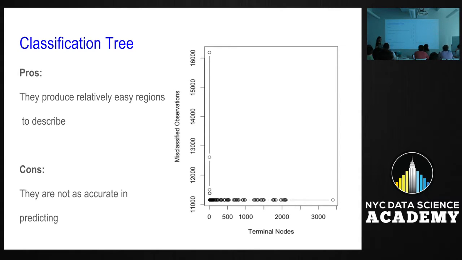Our first basic tree, without any pruning, produced an accuracy of 72% with about 4,000 terminal nodes and an AMS score of 1.132. On the right-hand chart, you see the misclassified observations against the terminal nodes. It tells us that about 5 would be the correct pruning of the tree.